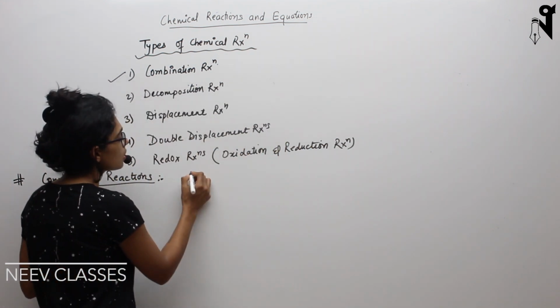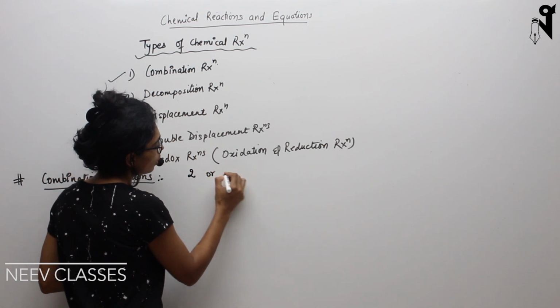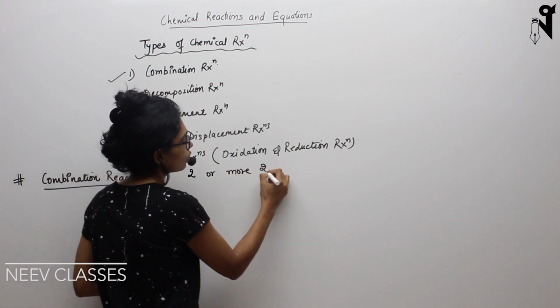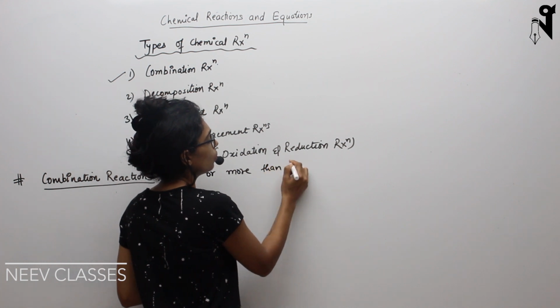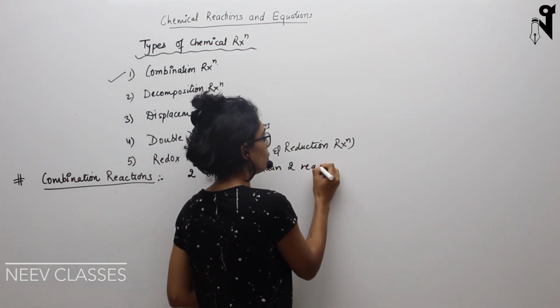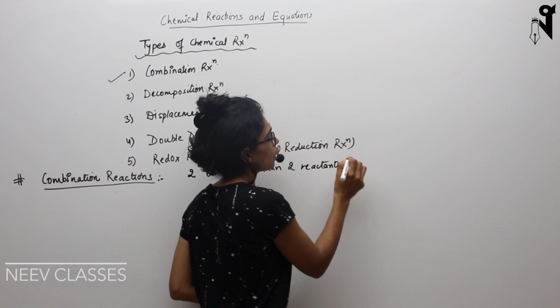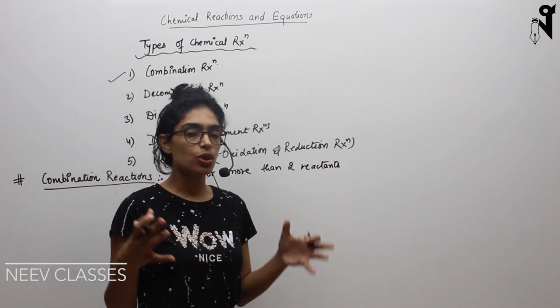So what is a combination reaction? When 2 or more than 2 reactants react together and combine to form only one product, then the reaction is called a combination reaction. I hope you know what reactants are. Reactants are the ones on the left hand side and they initiate the reaction.